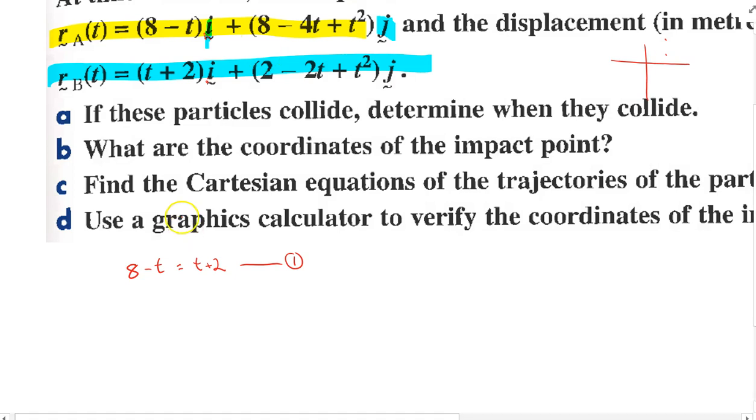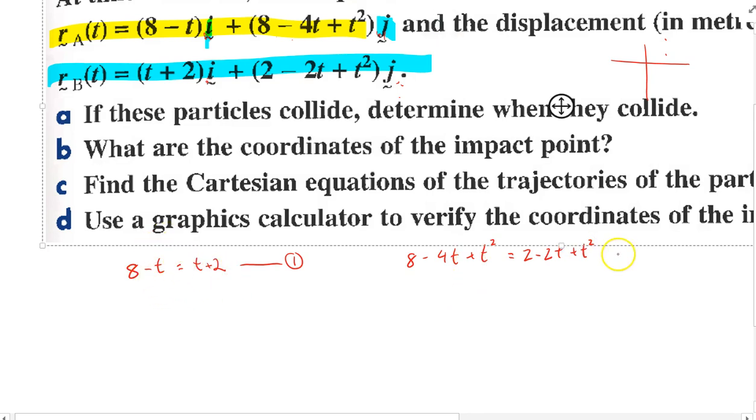So we'd also need them to run into each other vertically. So we'd also need to say that 8 minus 4t plus t squared is equal to 2 minus 2t plus t squared. So if the t value here is equal to the t value here, then they collide at a specific point.